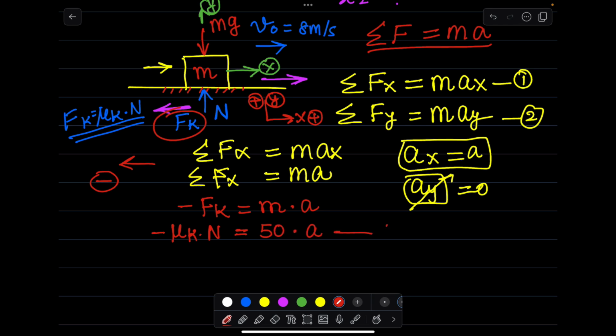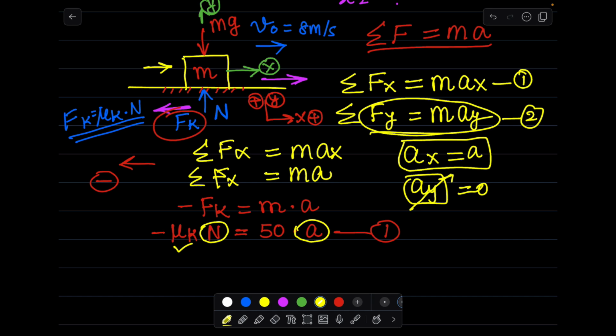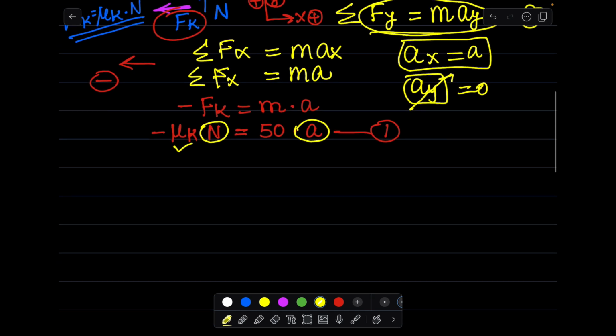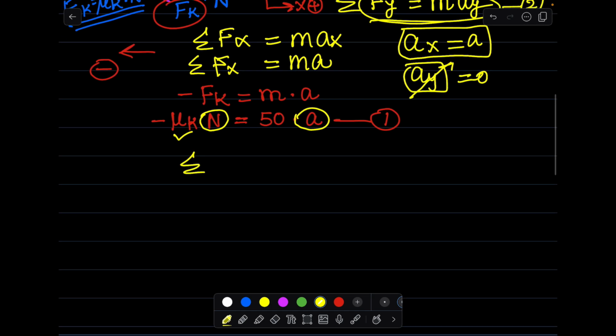So in this equation we can see, guys, how many unknowns are here. This is known to us, this is unknown n, and a acceleration is unknown. So let's solve equation number 2, Fy is equal to may. So here I will solve the second equation, Fy is equal to may. This is my equation 2.